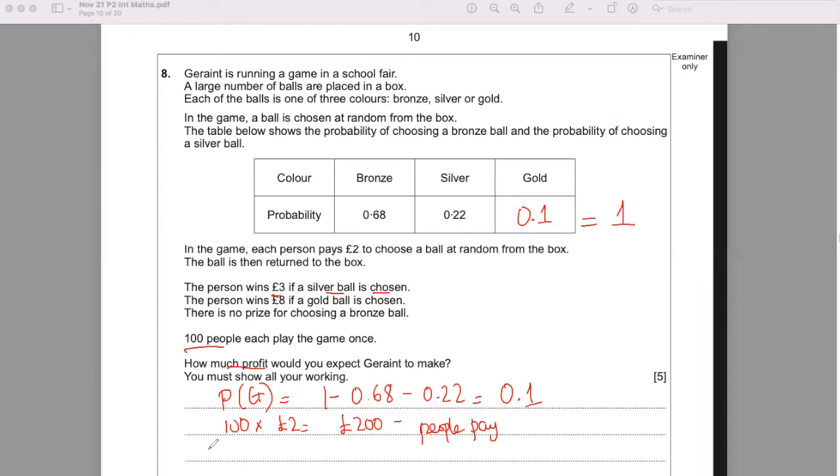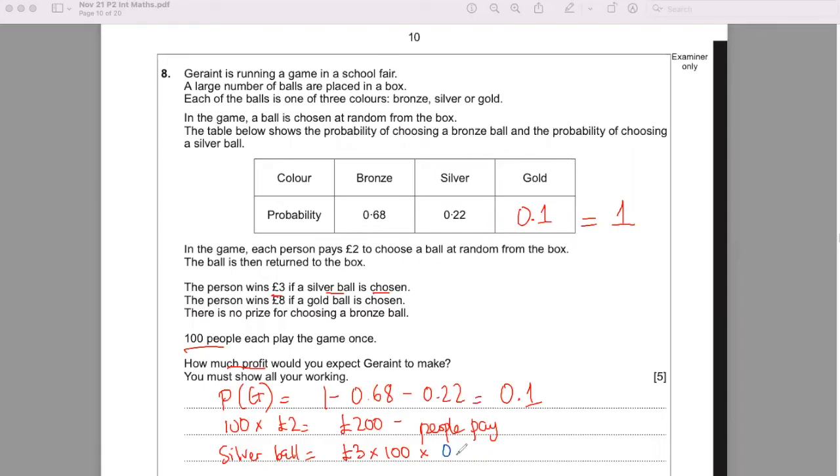So for the silver ball, the person wins £3 if it's chosen, so £3, but you're going to times that with 100 people, and you need to times that with the probability, because not 100 people are going to get the silver.